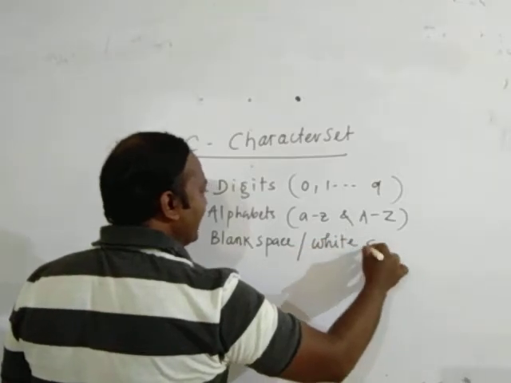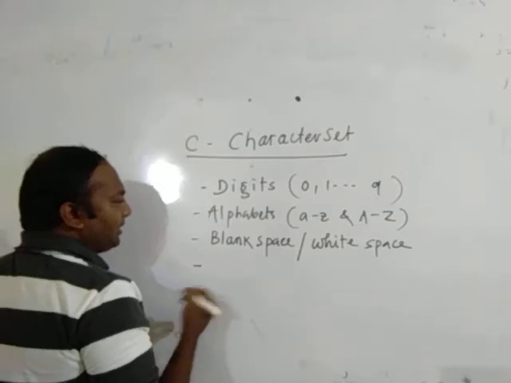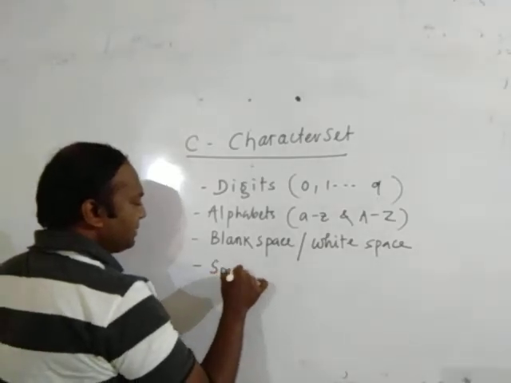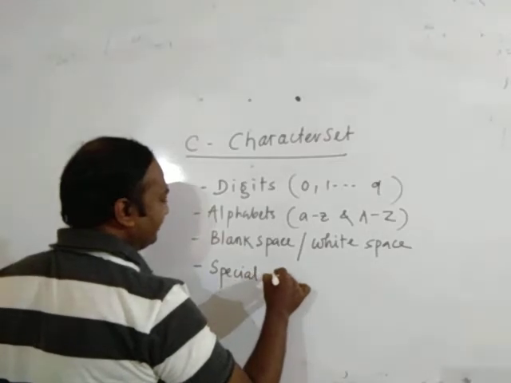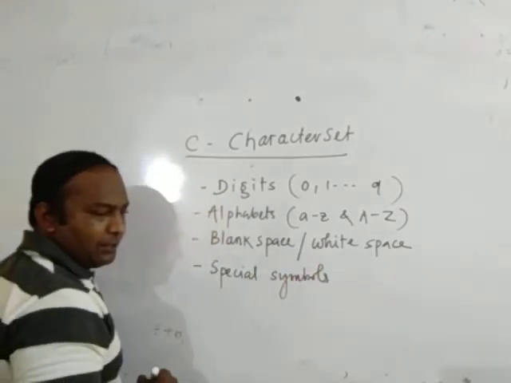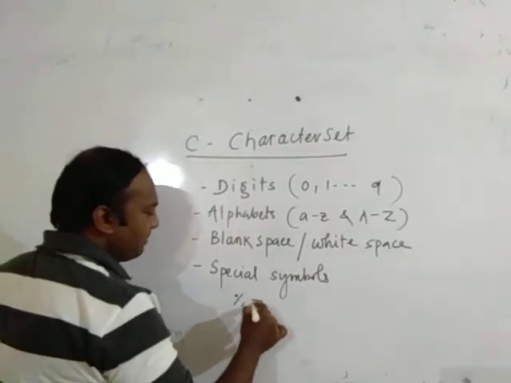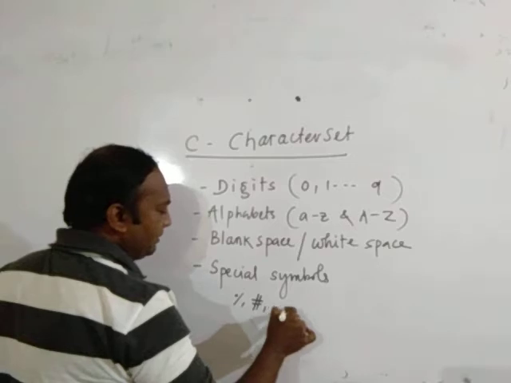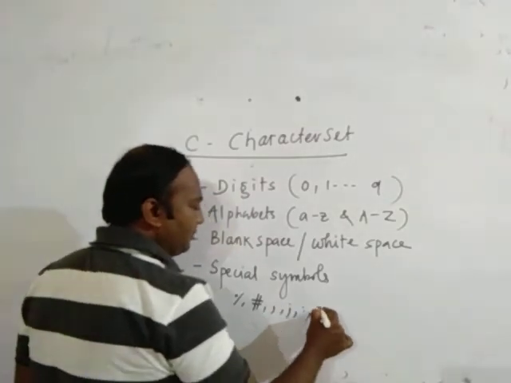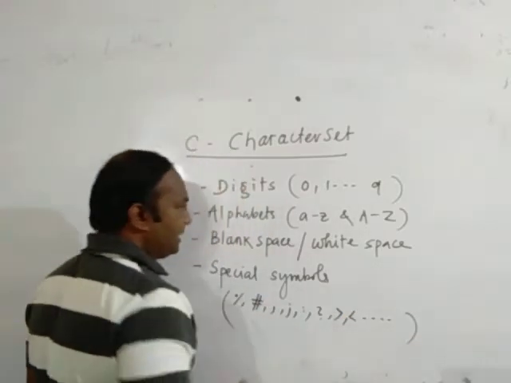Space is also a character considered in a programming language. And the last one is special symbols or special characters. Those special symbols may be the percentage symbol, hash symbol, comma, semicolon, colon, question mark, greater than, less than, any symbol that is present on the keyboard.